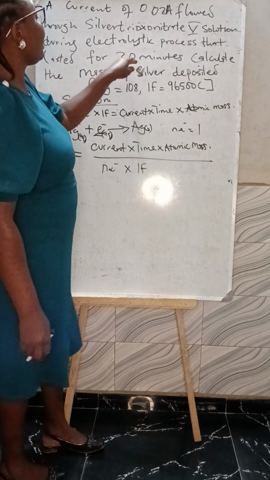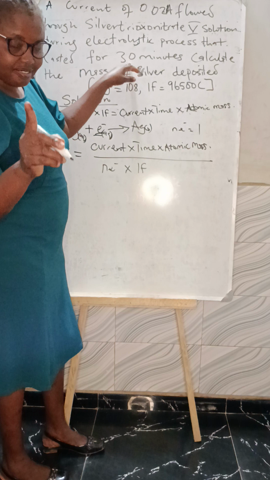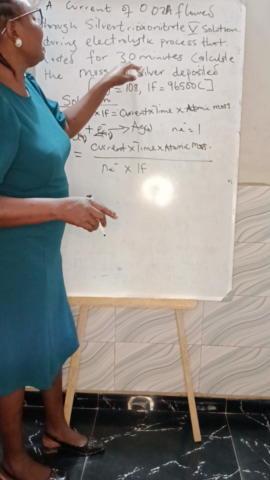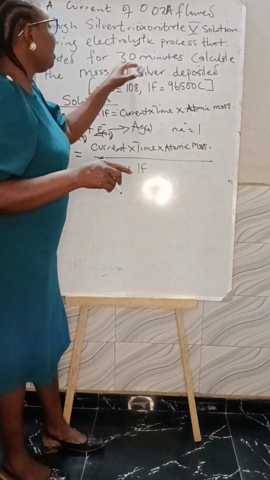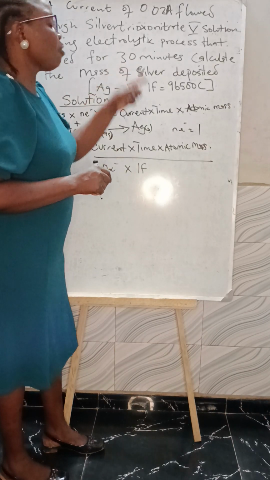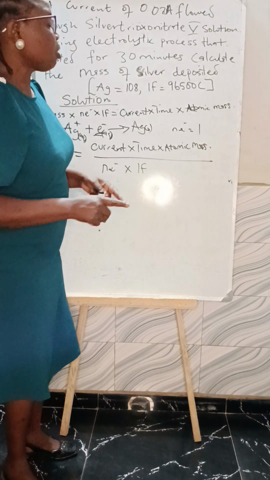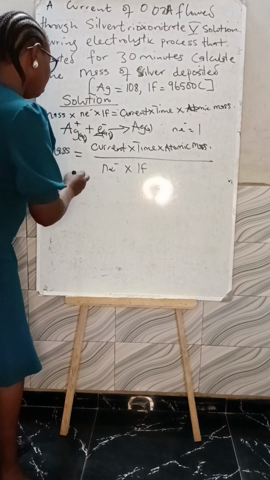Now, another thing again, look at the time here is in minutes. Students, always check. Assuming that it's in hours, you have to convert them to seconds. So converting minutes to seconds, you multiply by 60. Then if you have to convert an hour to seconds, it becomes 60 times 60. But here we have minutes.